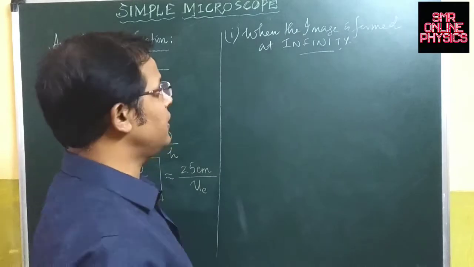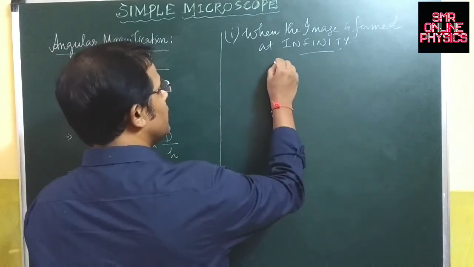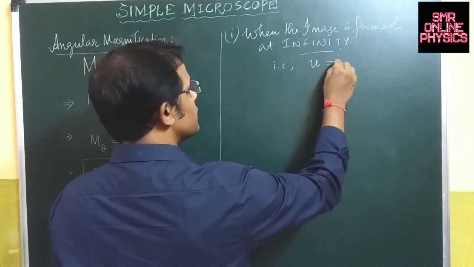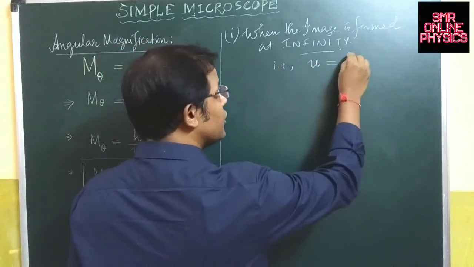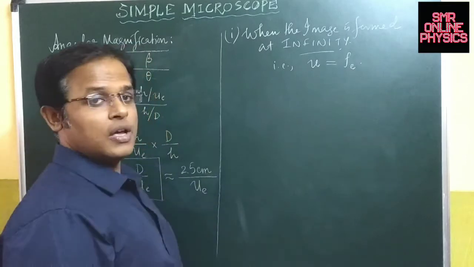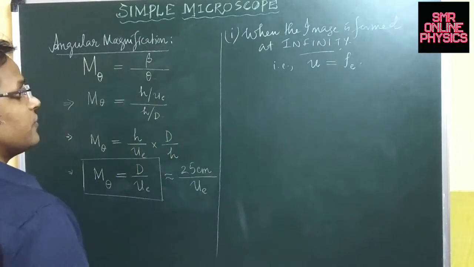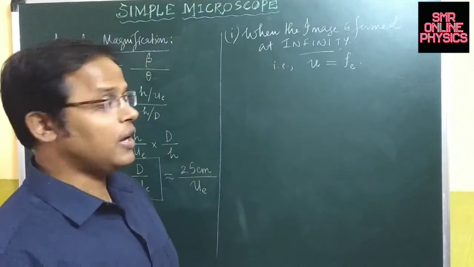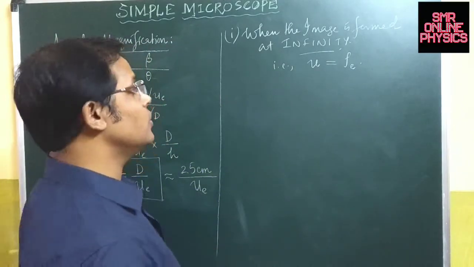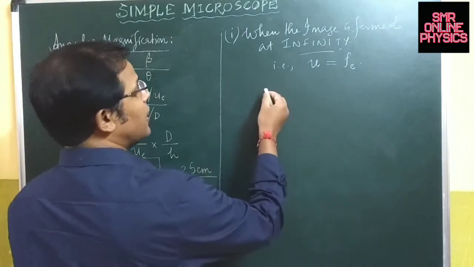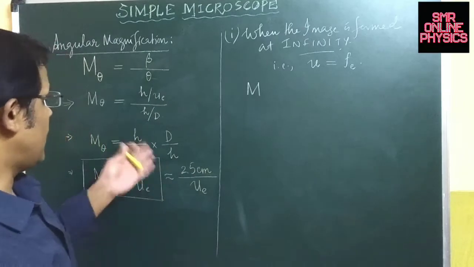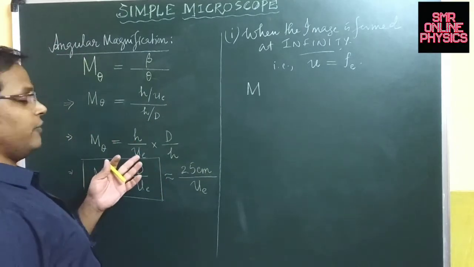So when the image is formed at infinity, that is only possible when the object distance is exactly equal to the focal length of your eye lens. So what we get to see from there? u is equal to Fe. How will you write the magnification right now? Very simple. You already have this equation, u is equal to Fe.